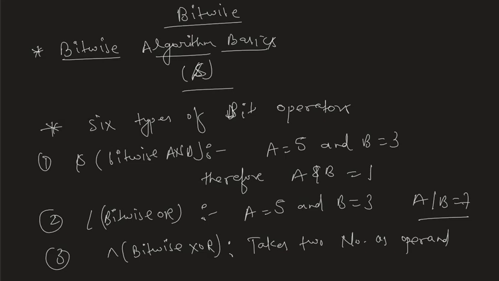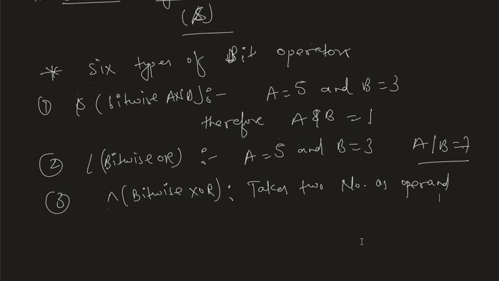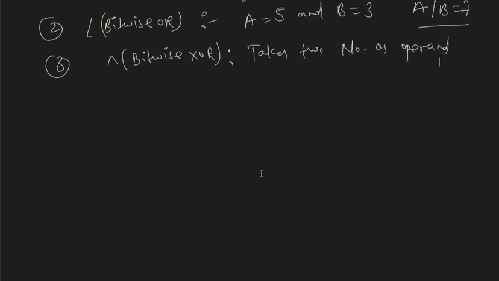The result of XOR is 1 if the two bits are different. Suppose A equals 5 and B equals 3. Therefore, A XOR B equals 6, because the bits of these numbers are different.